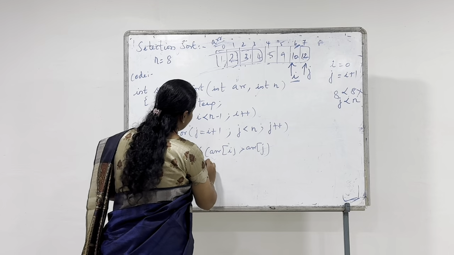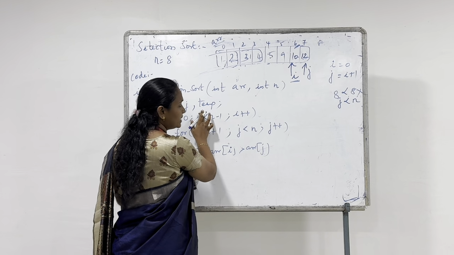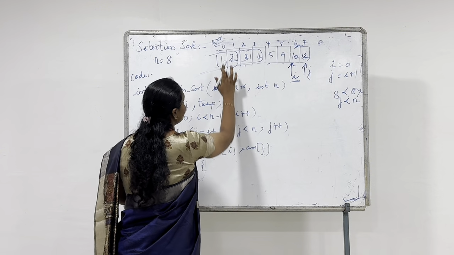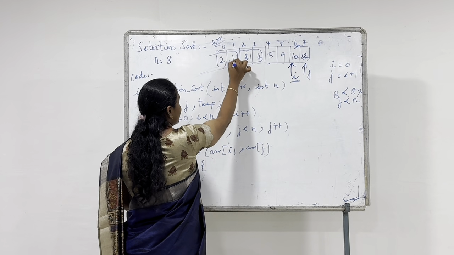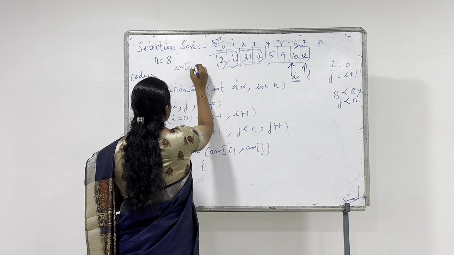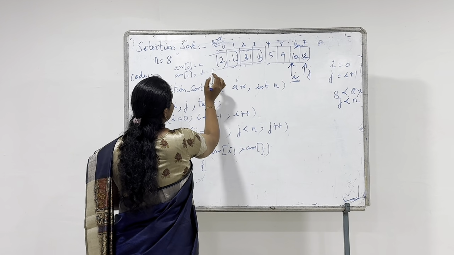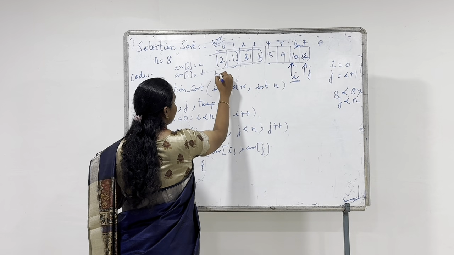So how will you do swapping? Swapping using a temporary variable, which is called temp. For example, 2 is here and 1 is here. So array of 0 has 2 and array of 1 has the value 1. We need to swap using a temporary variable.